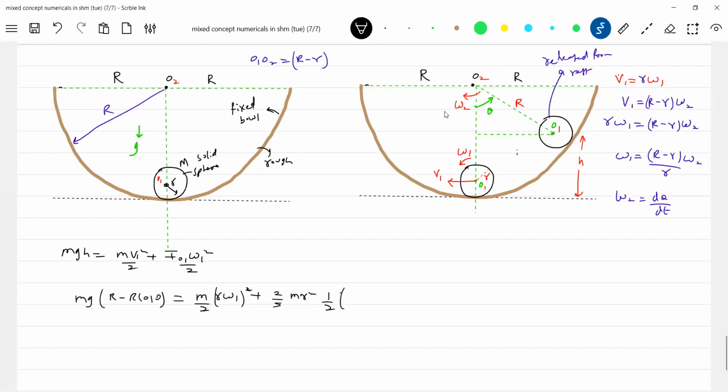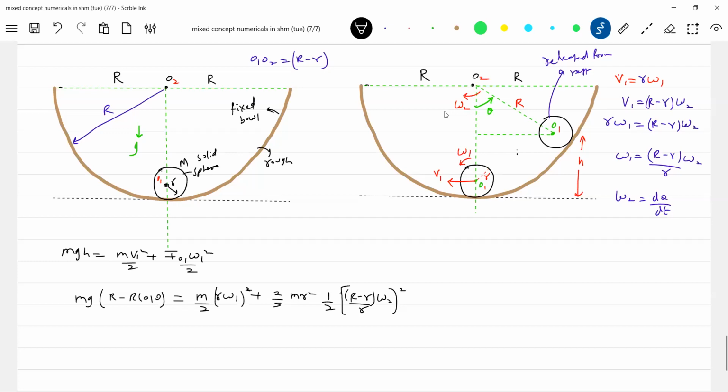Omega 1, what happened? I should replace this as (R minus r) omega 2.